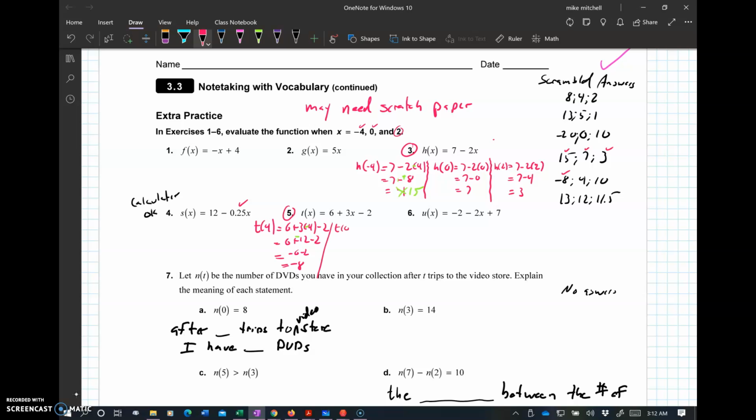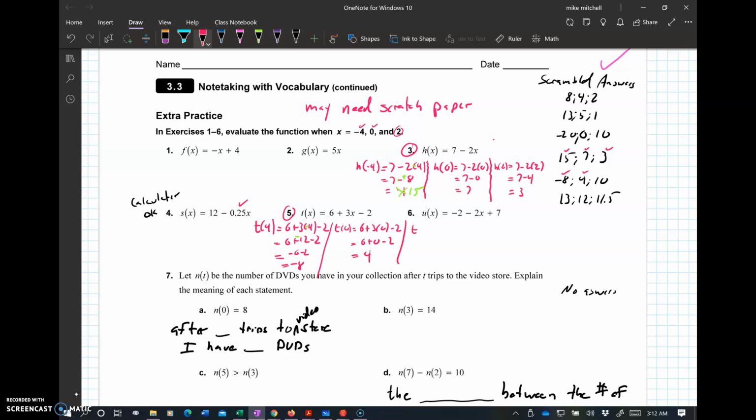Okay, t of 0, that's going to be 6 plus 3 times 0, whoops, not plus, minus 2. That's 6 plus 0 minus 2. That's going to be 4. That's matching. And again, notice how I'm not using room from the other problems here.